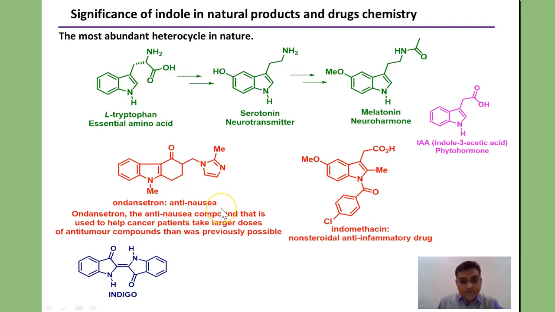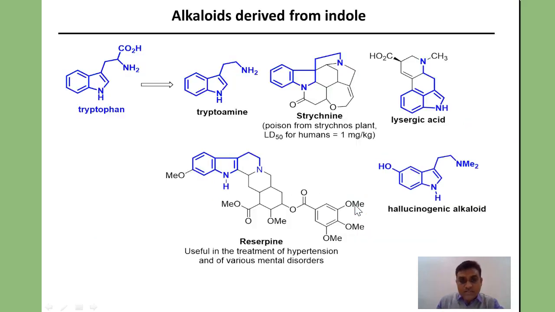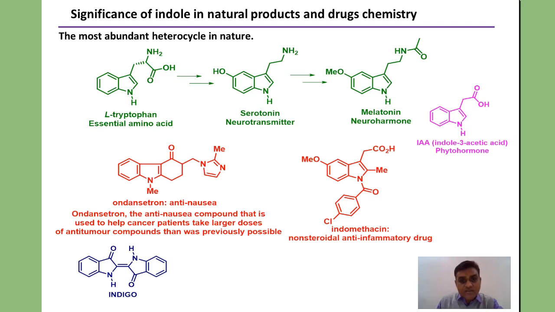Ondansetron acts as an anti-nausea drug, and because of ondansetron it is possible to take higher doses of anti-tumor compounds for use in cancer therapy. Indomethacin acts as a non-steroidal anti-inflammatory drug. Now, from these two slides, it is very clear that indole is very abundant in natural products as well as in a range of drug molecules, and therefore it is necessary to understand the chemistry of indole.